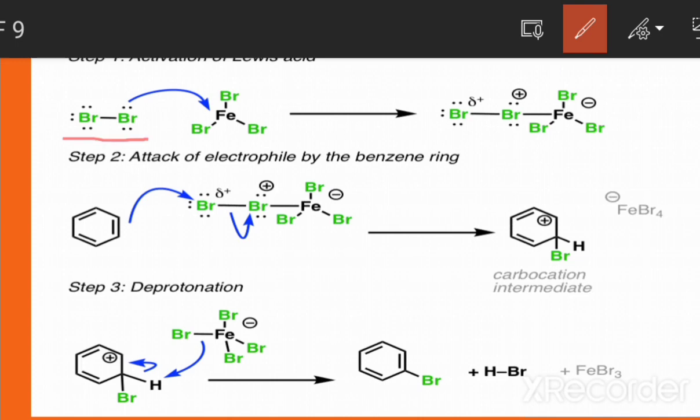When the bromine attaches to the iron, it will convert into a partial positive and partial negative charge. Just like this, in the same compound there is a partial positive and partial negative charge.